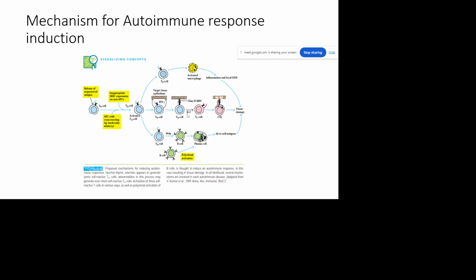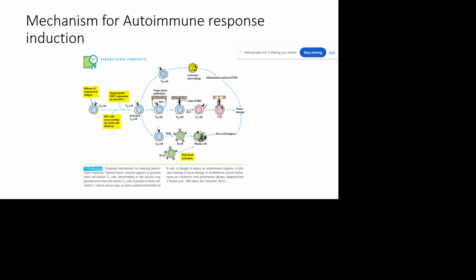Now when this helper T cell contacts this target tissue, it will release IL-2, which will activate the cytotoxic T cell. Now it will migrate to this site of tissue, and all of these epithelial cells, who are non-APC, can present the antigen by class 1 MHC.